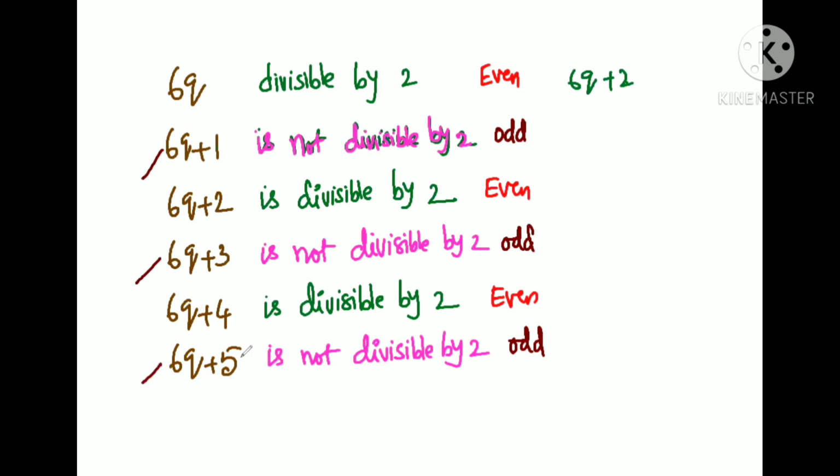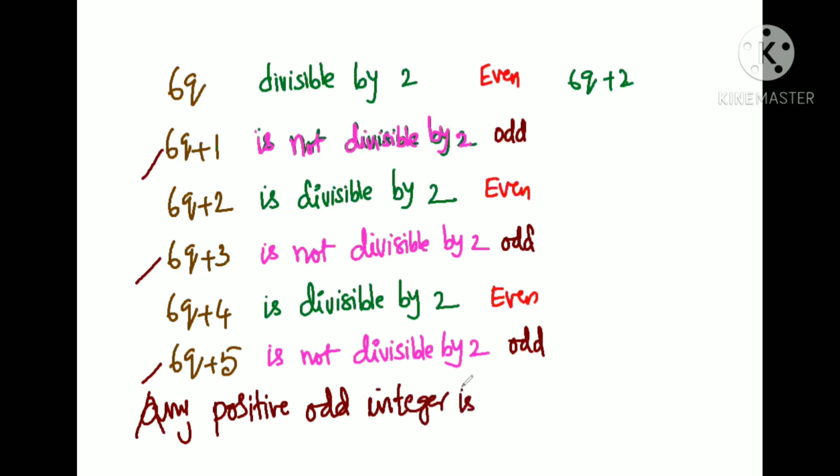With this, we can conclude any positive odd integer is of the form 6q plus 1 or 6q plus 3 or 6q plus 5.